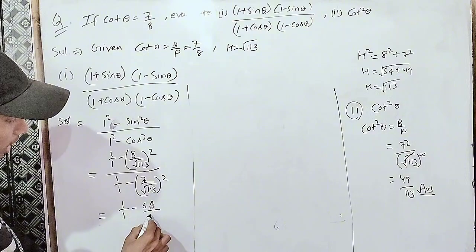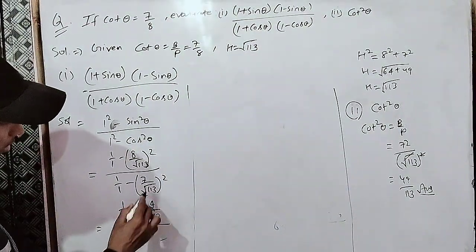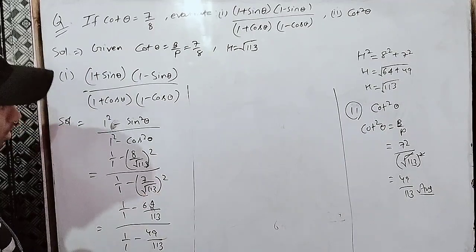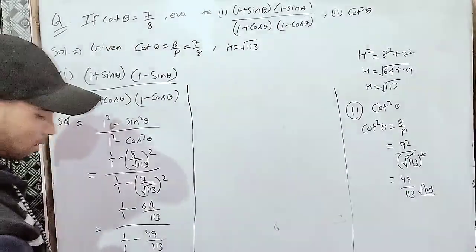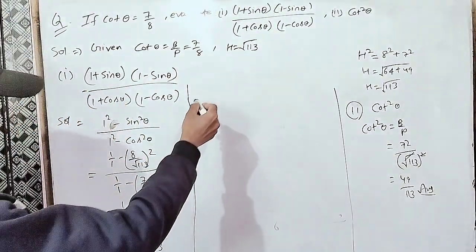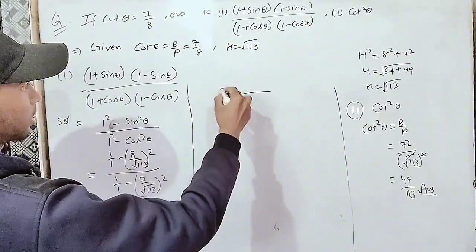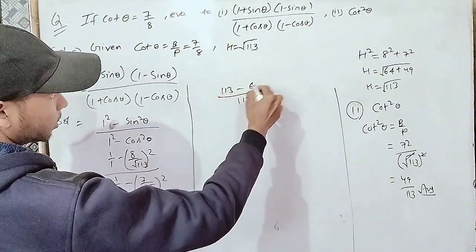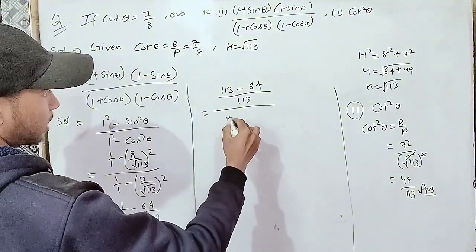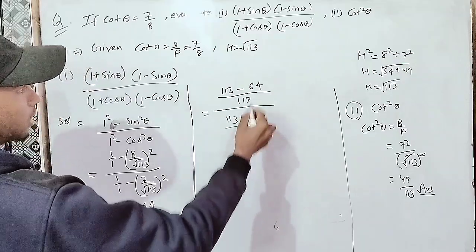Then the a square root will get cancelled out. 1 by 1. 7 7 is 49. The a square root will get cancelled out. Clear? Oh my god, I am solving here. 113, 113 and 64. Clear? Then 113 and then 49 upon, yeah, it will get cancelled out.